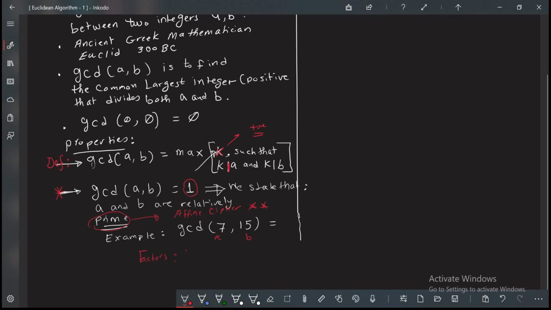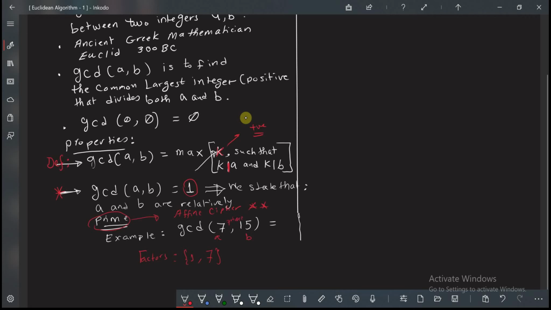We start with 1: is 7 divisible by 1? Yes, the answer is 7 and the remainder is 0. Now you continue to 2, 3, 4, 5, 6, 7. Dividing by 2 gives us fractions, so it's not divisible. In this case it's divisible only by 1 and itself. When a number is divisible only by itself and 1, we call it prime. So this is a prime number.